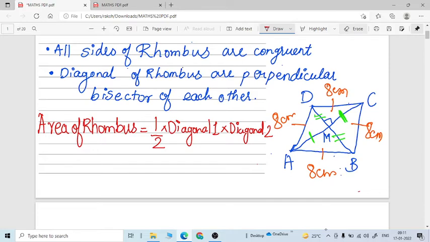Half into diagonal 1, which is this part, and diagonal 2, which is this part.